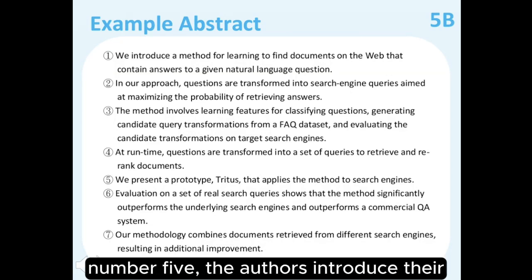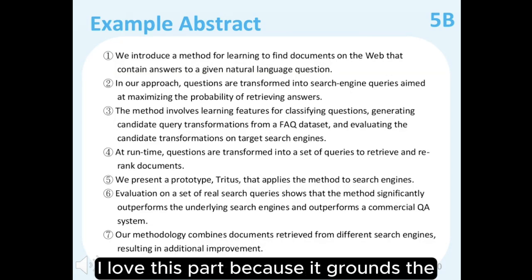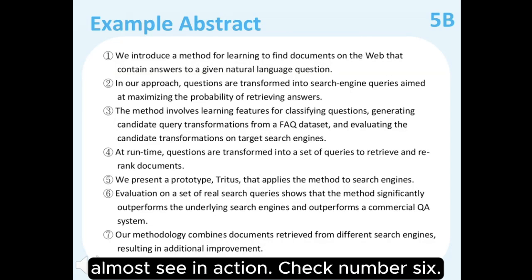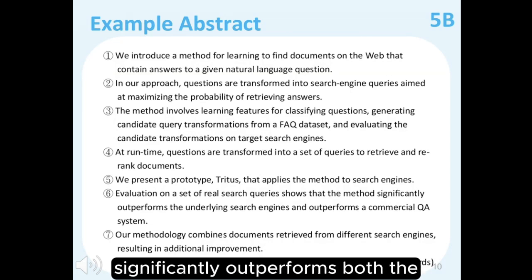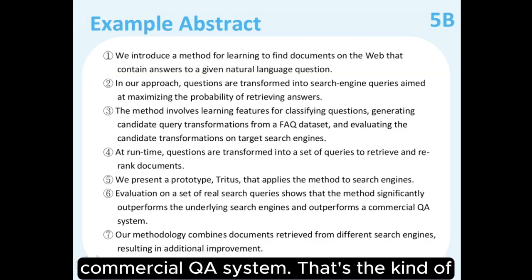At number 5, the authors introduce their prototype, Tritus. I love this part because it grounds the research in something tangible you can almost see in action. Check number 6. Here comes the evidence. Their evaluation shows the method significantly outperforms both the underlying search engines and even a commercial QA system.